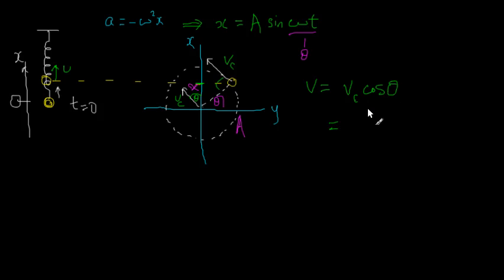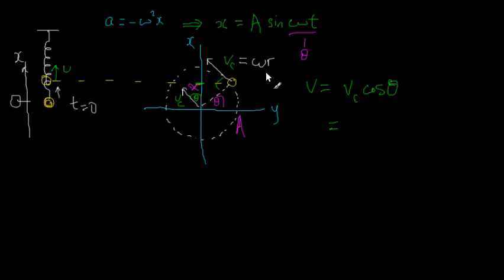Now, I would like to express this in terms of time, and express vc in terms of the amplitude. So how would I do that? Recall that vc, the velocity, is related to the angular velocity by omega times the radius. Angular velocity times the radius of the circle.